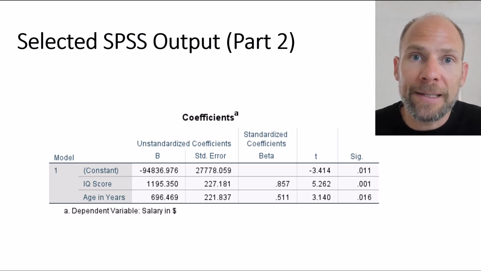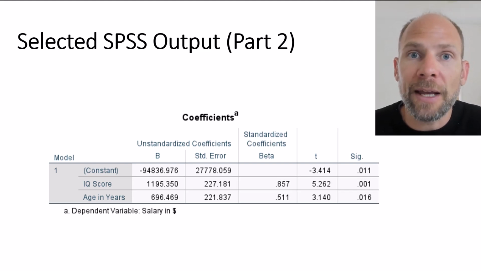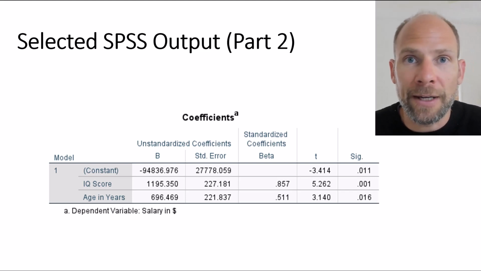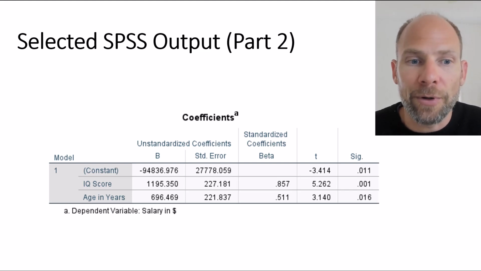So if we had centered IQ scores at the mean, and if we had centered age scores at the age mean, then also the intercept here would be meaningfully interpretable. But if you have predictors that are not centered and or that don't have an otherwise meaningful 0 point, then the intercept is not really interpretable.